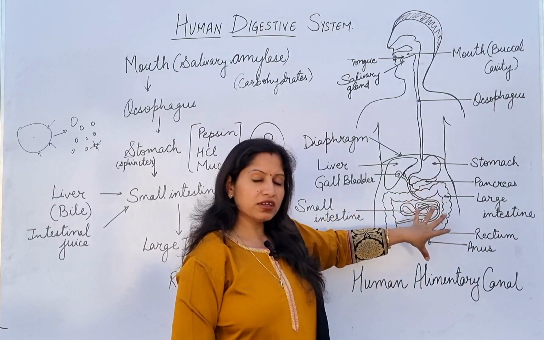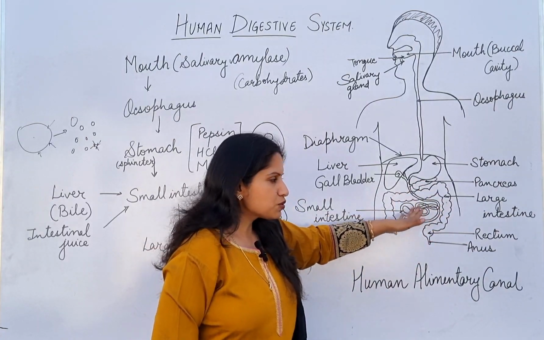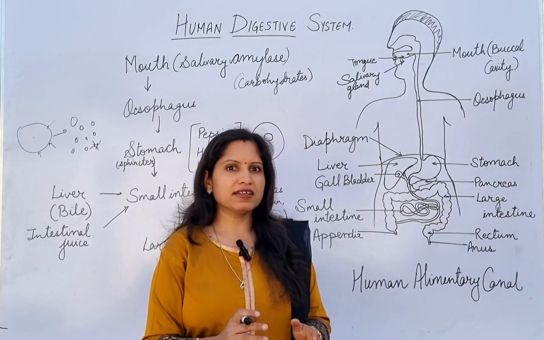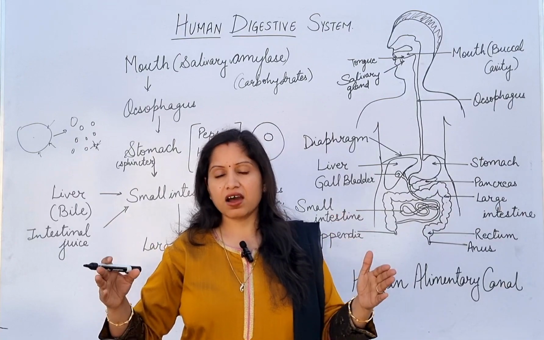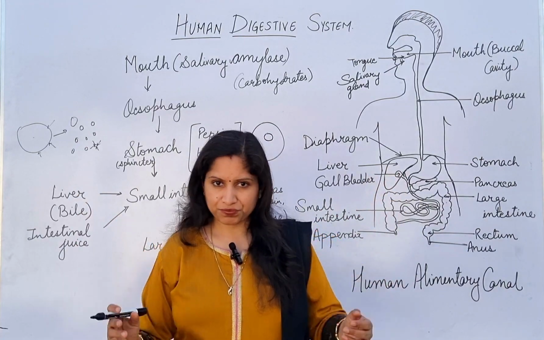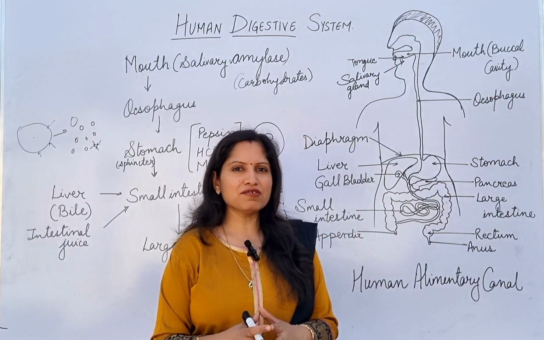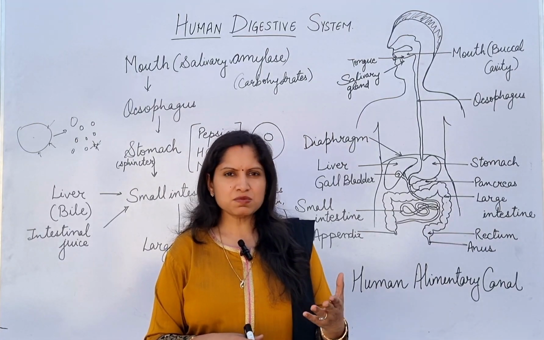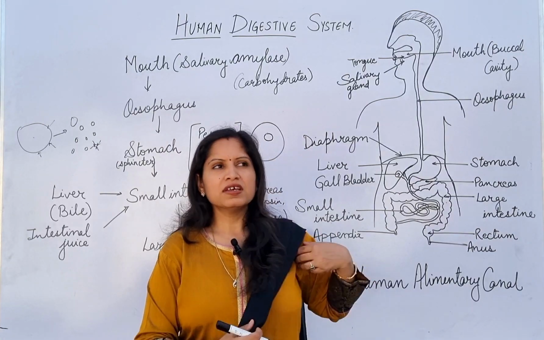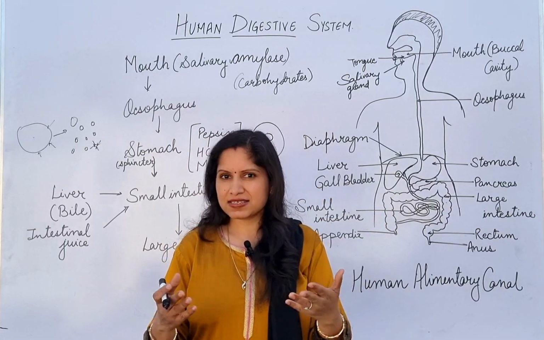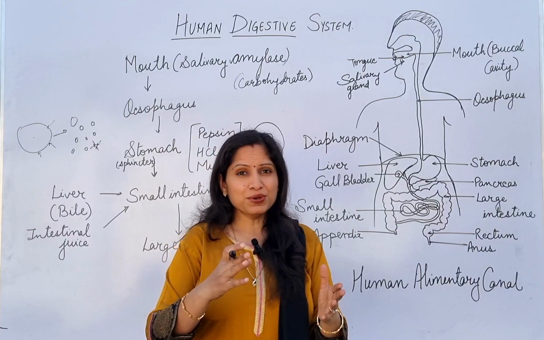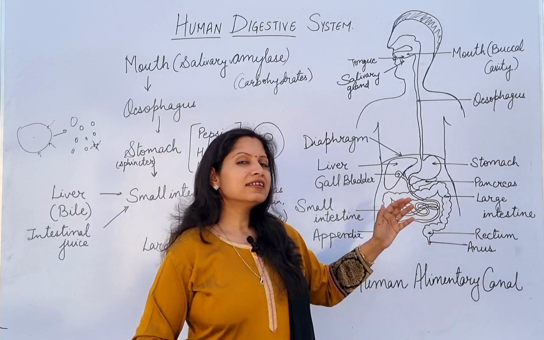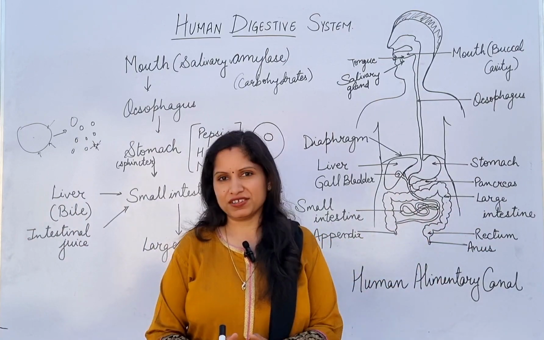Similarly, in the abdomen, this small intestine is closely packed in a small place. But it's really the longest tube. The length of the small intestine is approximately 6 meters, which is approximately the length of your mother's sari. So you can imagine how long that is.